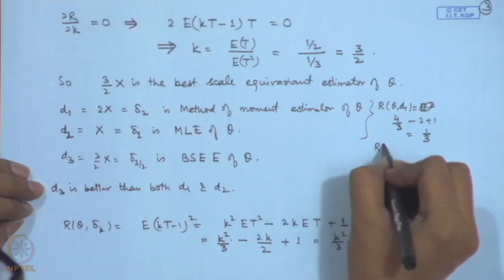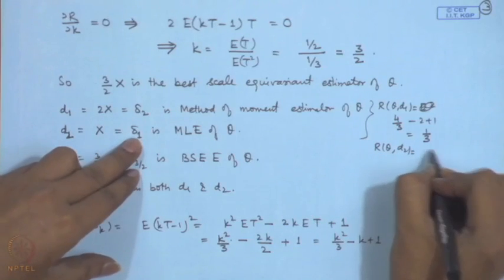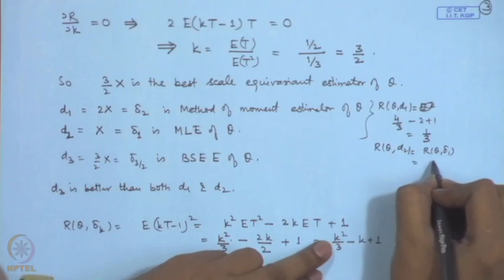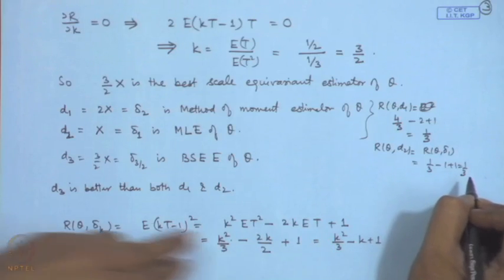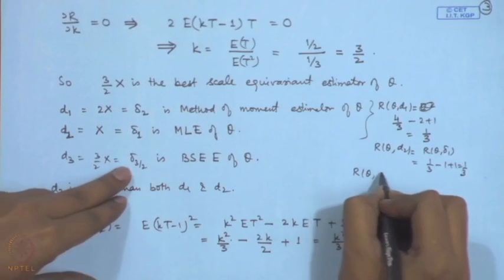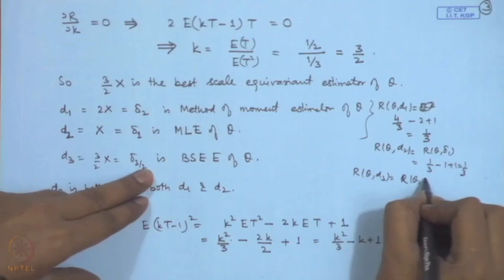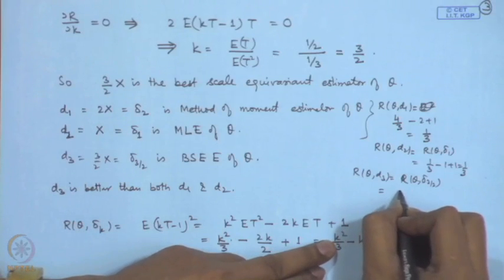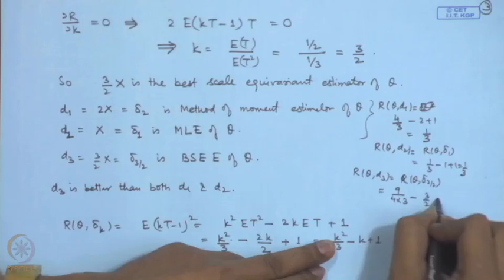The risk function of d 2, that is the maximum likelihood estimator, that is the risk of delta 1, is equal to 1 by 3 minus 1 plus 1, that is equal to 1 by 3, and the risk of d 3, that is the best scale equivariant estimator, obtained by putting k equal to 3 by 2, is equal to 9 by 4 into 3 minus 3 by 2 plus 1.